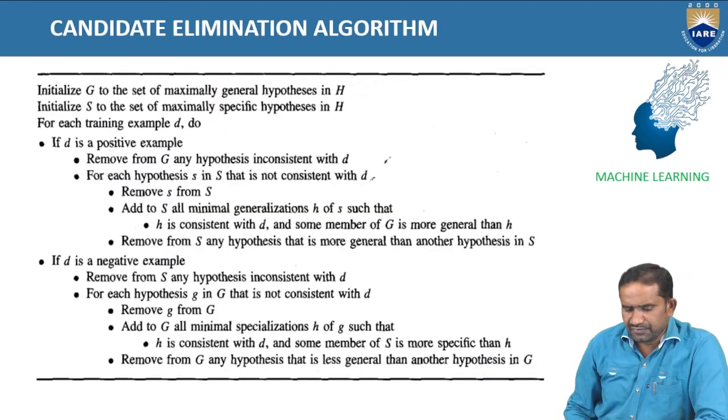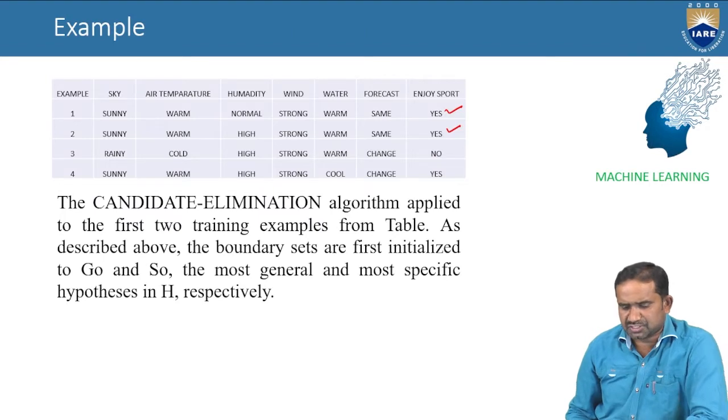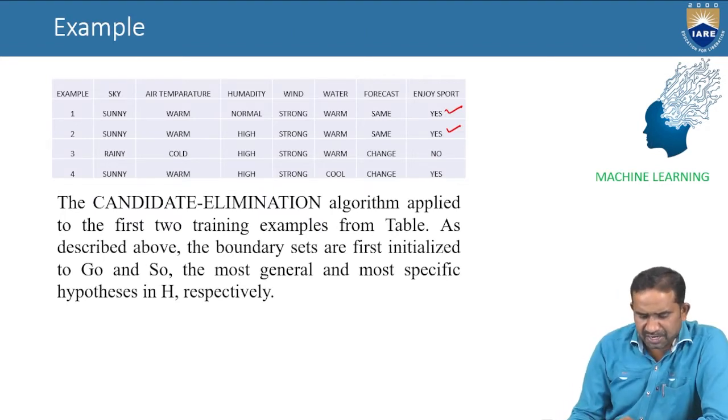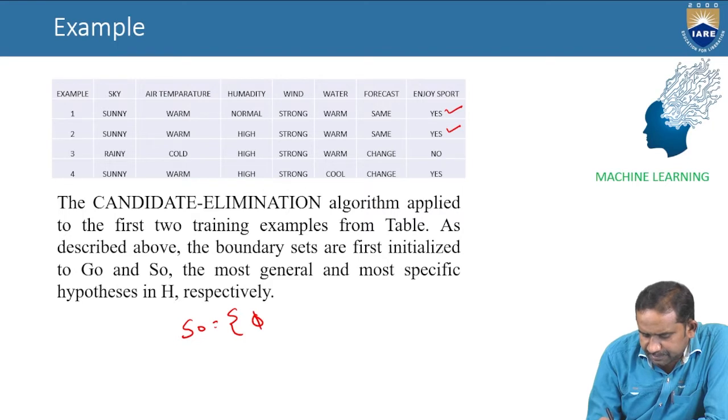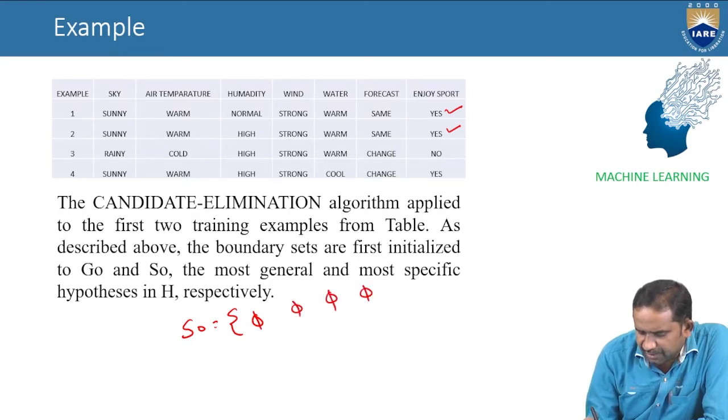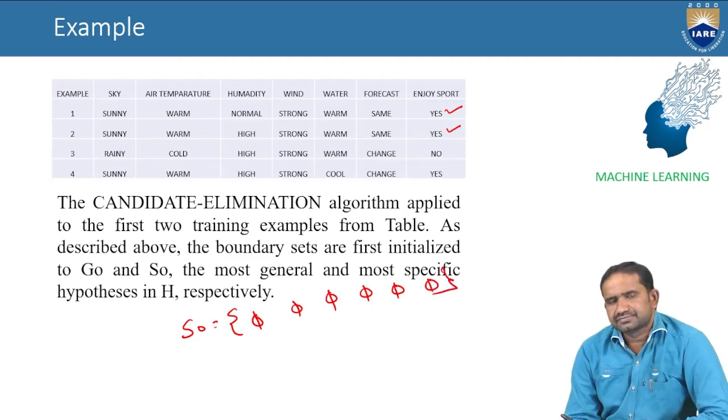Initially, the specific hypothesis is S0 equal to six null values.